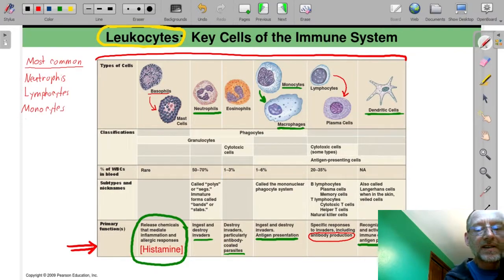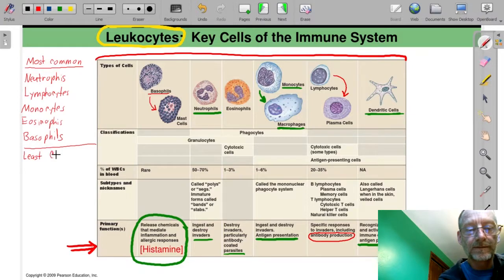And then the eosinophils. And lastly, the basophils. And that's the order to the least common. If you took a sample of blood and you looked at it under a microscope, so in this order.